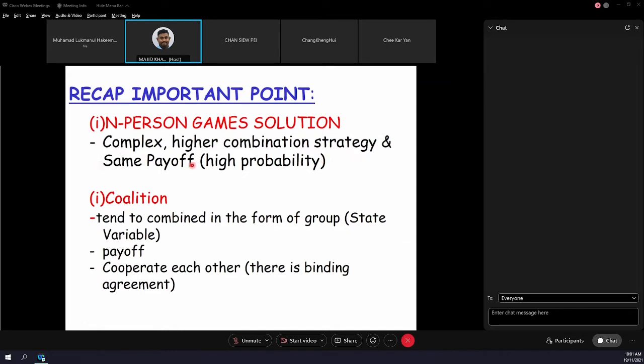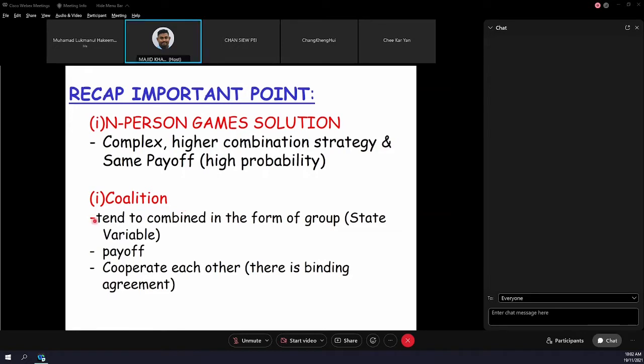High probability they will have the same payoff. It means that most of the n person strategies will tend towards the same strategy and same payoff. That's why in most of the games, they will form a coalition. Coalition means an agreement before entering a party, entering a firm, or going to produce the same type of phones or technology.